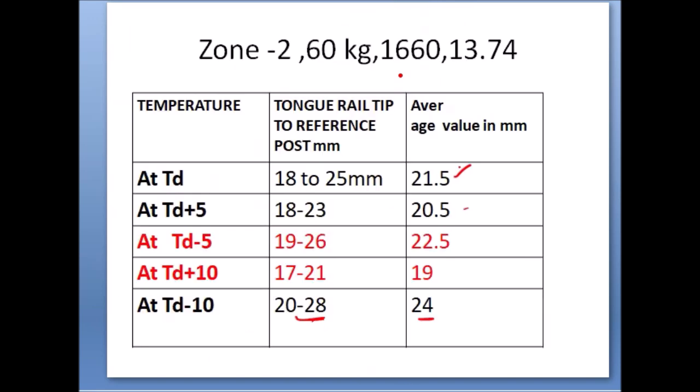Okay, so based on temperature, if at TD minus 5 you are welding, and at that time if position of the tongue rail from reference point was 22.5 mm, and if it is beyond this range, then you have to adjust it. Okay, alright, so that's how we will adjust the position of the tongue rail based on temperature.